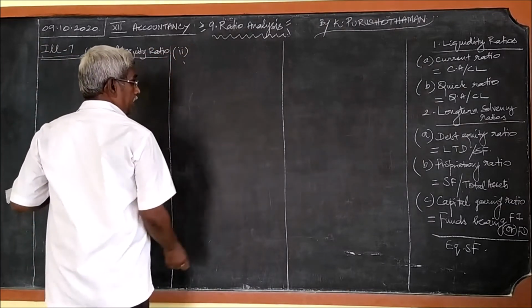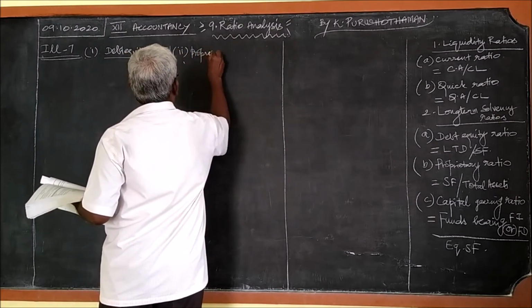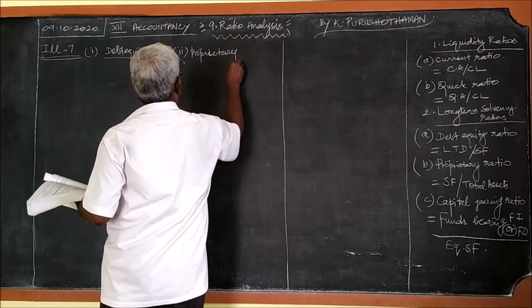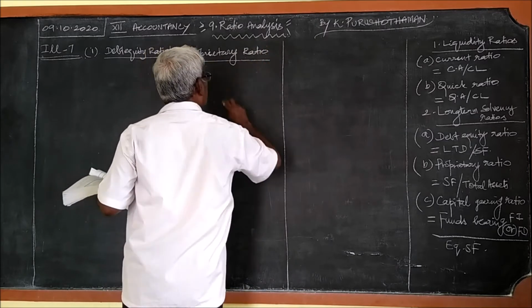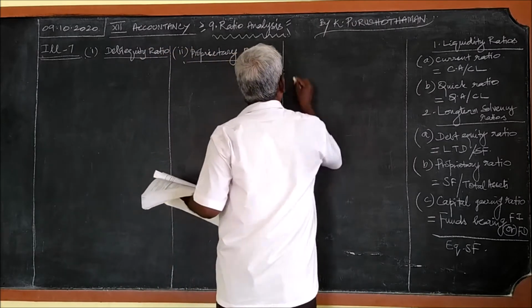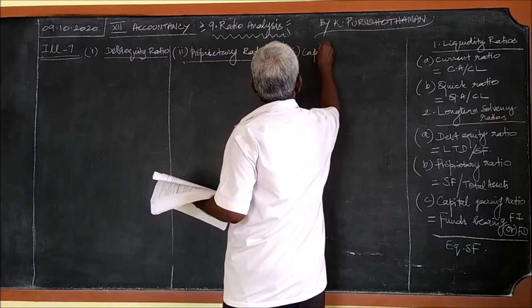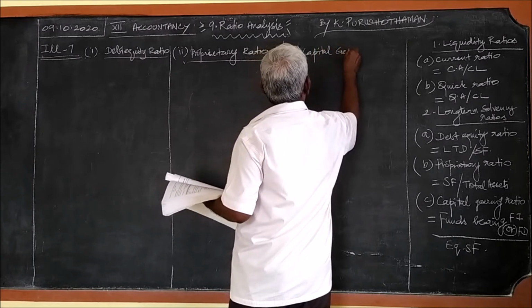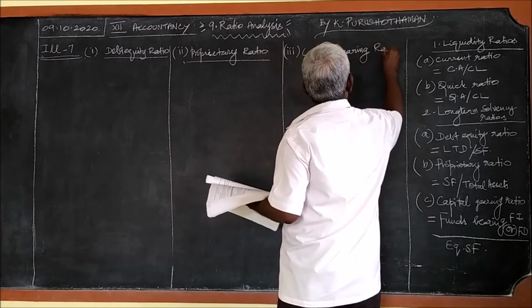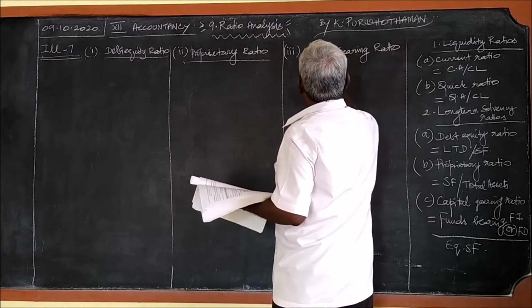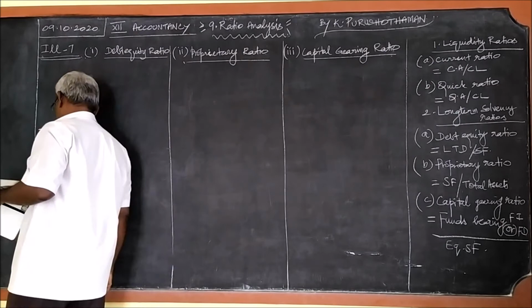Second one is the proprietary ratio. Third one is capital gearing ratio. These are the three types of ratios asked.